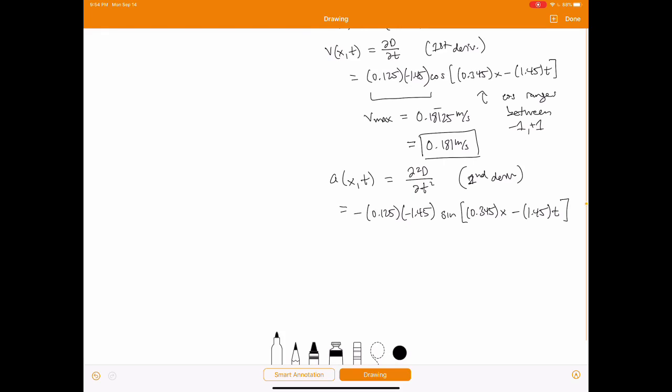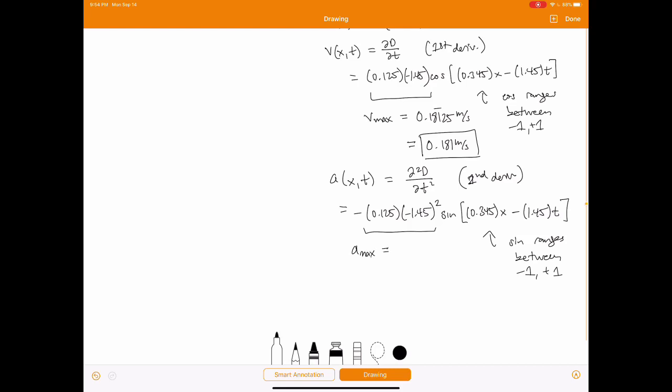And again, we have to take the derivative of what's inside of the sine function, which just brings out another factor of minus 1.45. So here's how I'm going to do that. Minus 1.45 is now being squared, okay? And just like before, sine is a function that ranges between minus 1 and 1. So whatever this factor out front is, that must be our maximum acceleration.